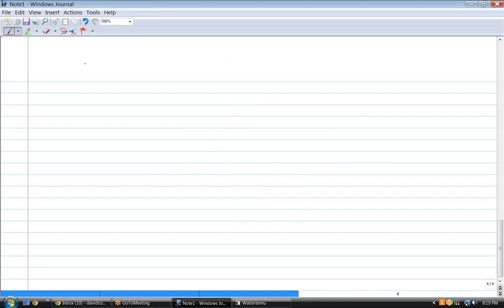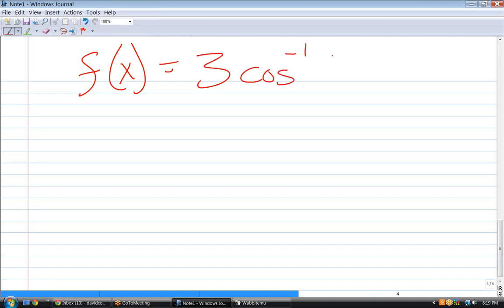So what's the specific problem? So f(x) equals 3 inverse cosine of x over 2. And we need to say what kind of translations we are dealing with here.